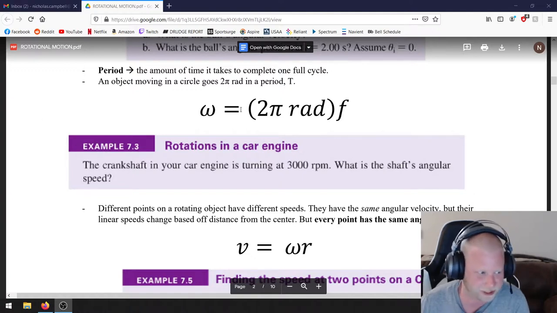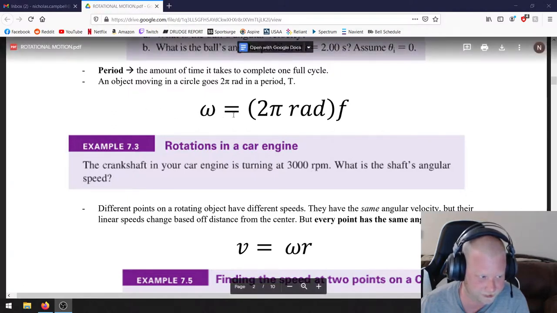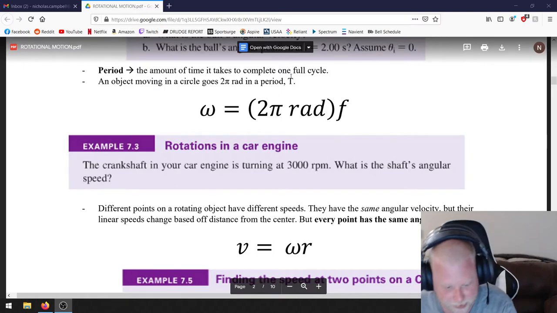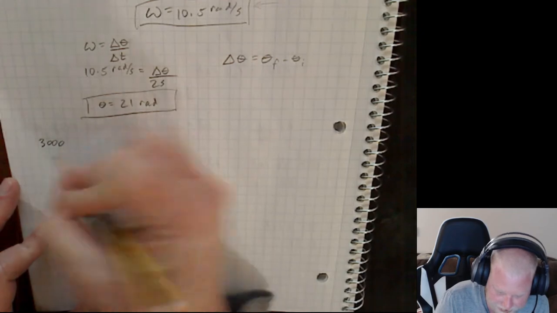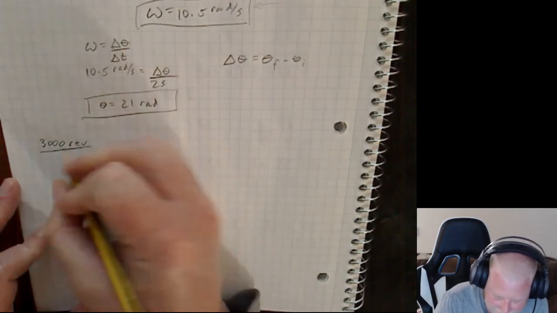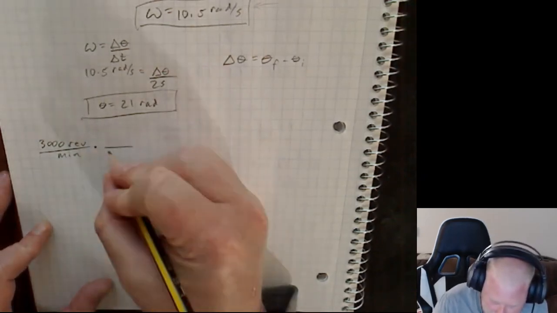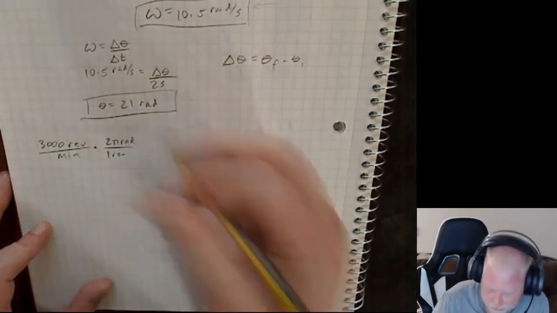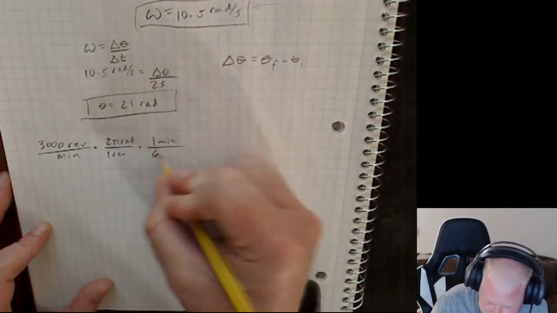Now, this equation up here in the notes, omega equals 2 pi radians times frequency, you can kind of ignore, because you can get your angular speed based solely off of dimensional analysis. So what do we mean by that? If your car is rotating at 3,000 revolutions per minute, we know that one revolution is 2 pi radians, and we know that there are 60 seconds per minute.